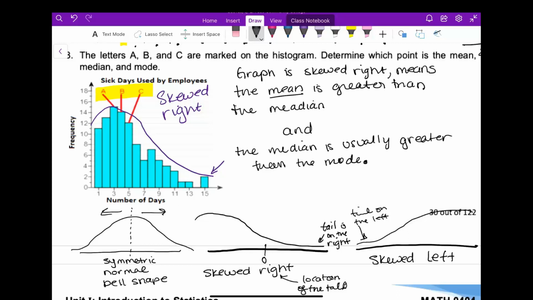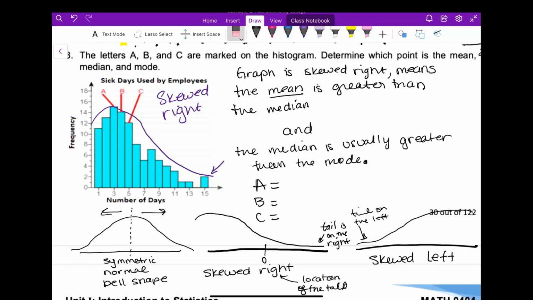Since the graph is skewed right, this means that the mean is greater than the median, and the median is greater than the mode. So we're going to label our stuff. All right, let's get ready to tackle this statement.